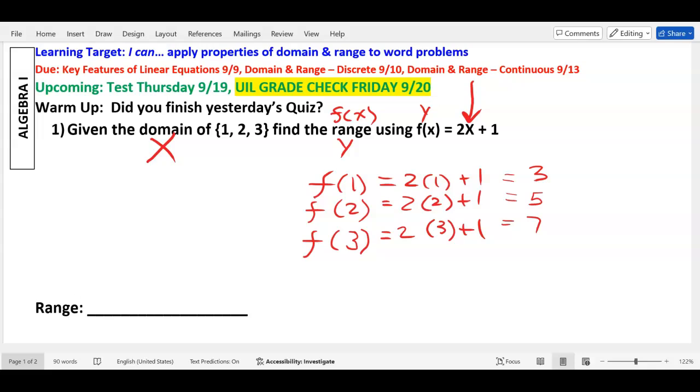So you can plug it in each time, get your 3 y values, and now we write the range. Please remember, range is brackets, and you do it from least to greatest without repeating. So that's 3, 5, and 7. Okay. So like I said, quick notes today.